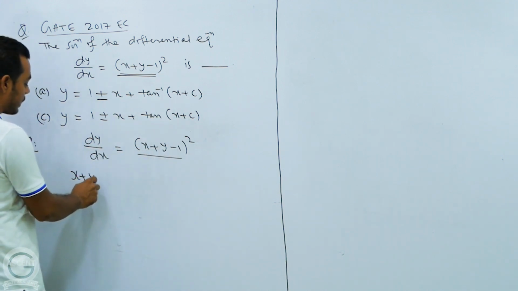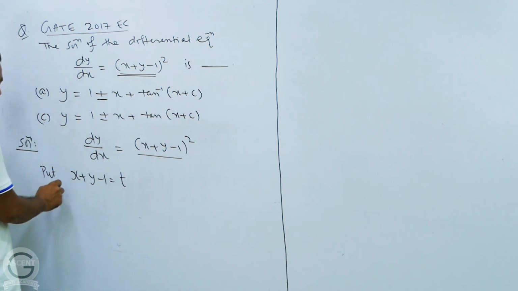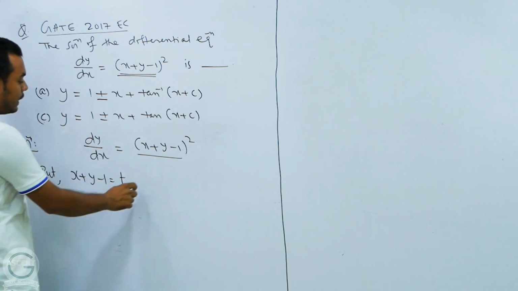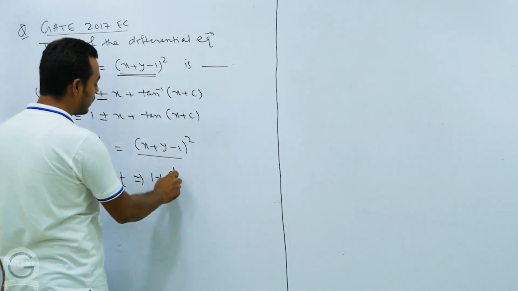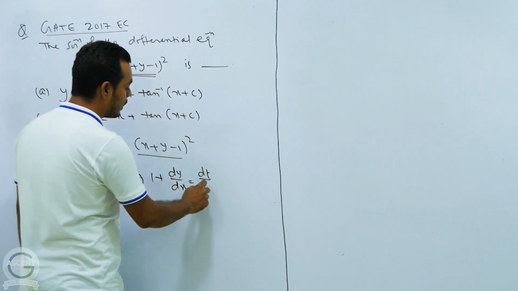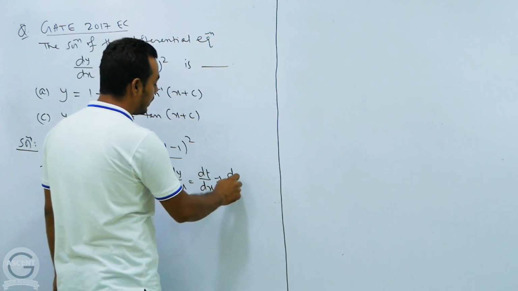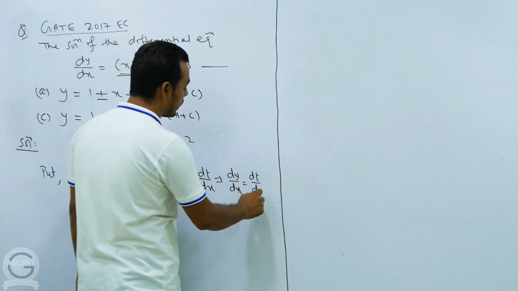So if I write x plus y minus 1 equals t, then we also need to replace dy by dx. For that, if I differentiate this relation, I will get 1 plus dy by dx equals dt by dx. So dy by dx will be dt by dx minus 1.